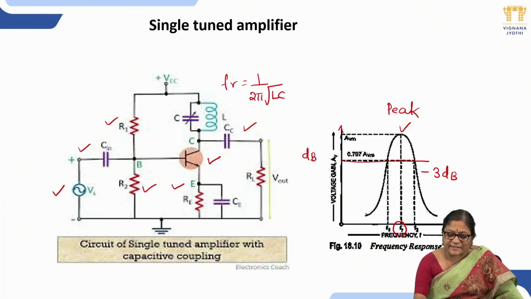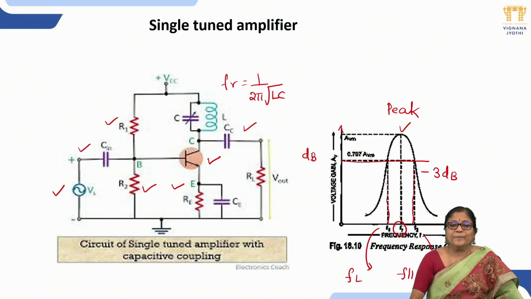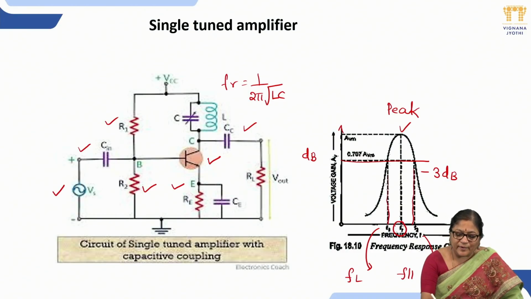Where it intersects the frequency response curve, if you project on the x-axis, you can get the two frequencies F1, F2 or FL, FH. The difference between these two will be the bandwidth. Then from the bandwidth, you can find the quality factor, which is the center frequency divided by the bandwidth. If the bandwidth is less, Q is more.